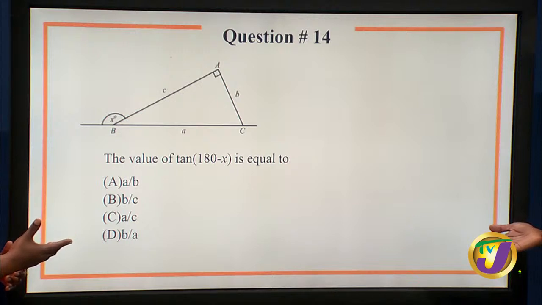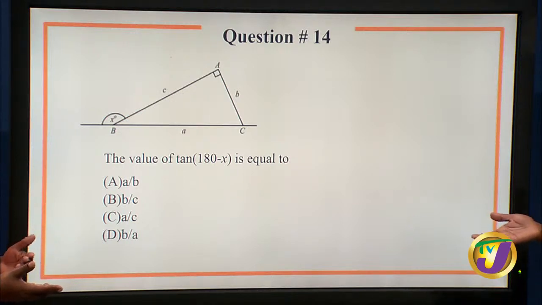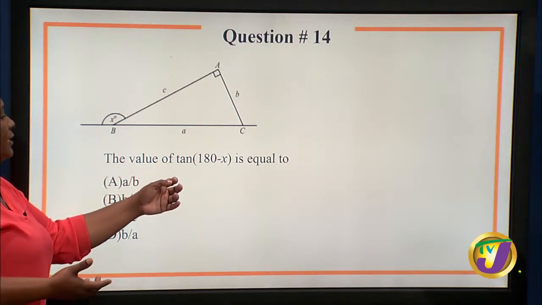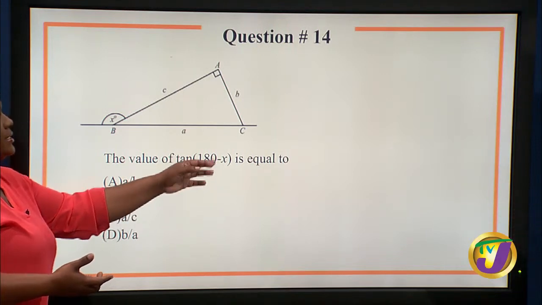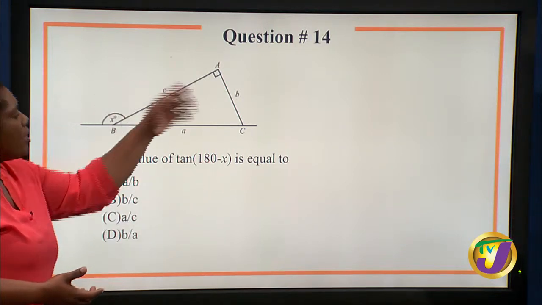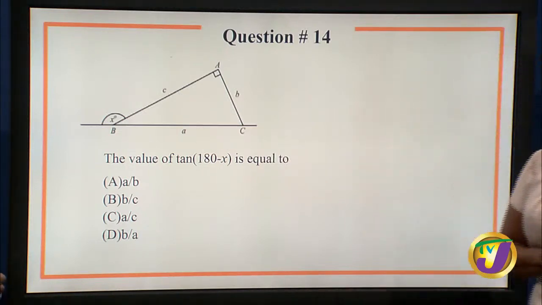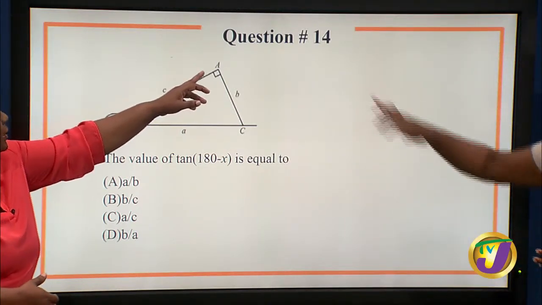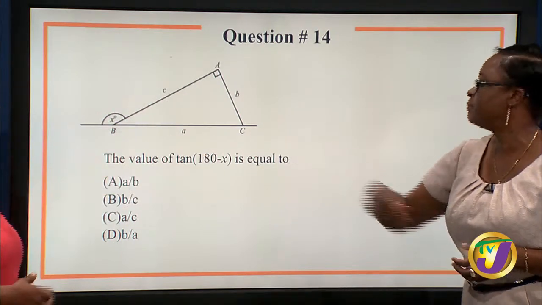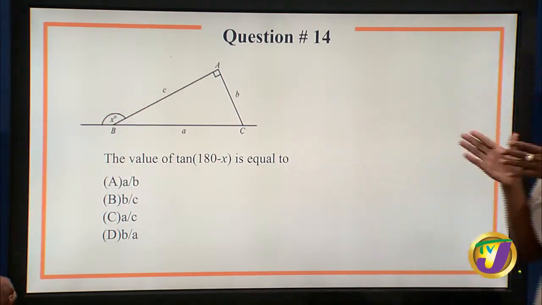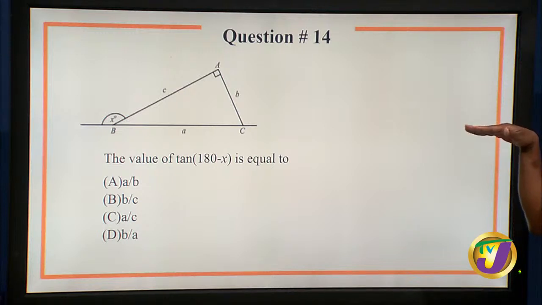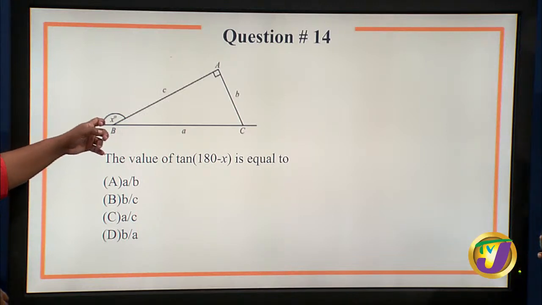But they are telling us that we need to find the tan of the angle 180 subtracting x. Where does that angle fit? It would fit at B, at angle ABC, because at B that would be on a straight line, that would be 180 degrees. So we have two angles right there, and we know that one is x.